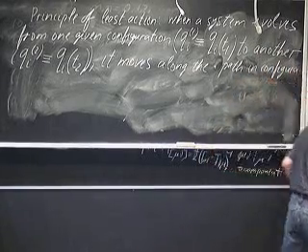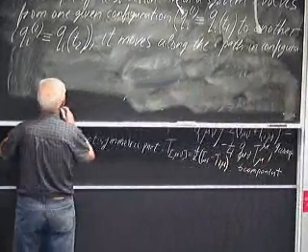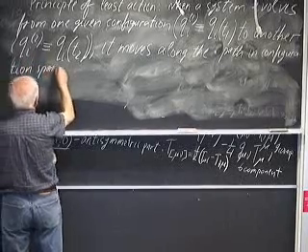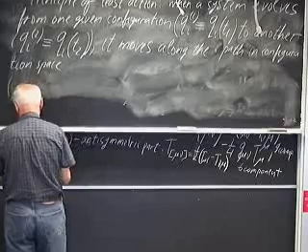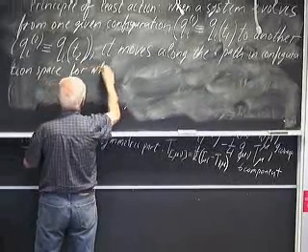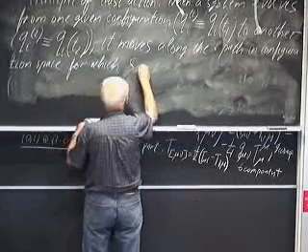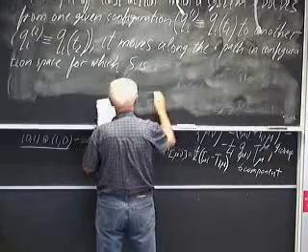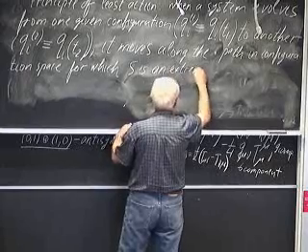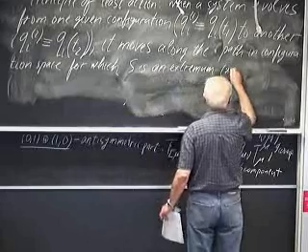Configuration space is the space of all coordinates, n-dimensional space, for which S is an extremum, usually a minimum.